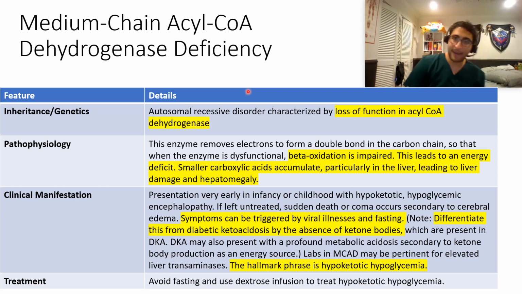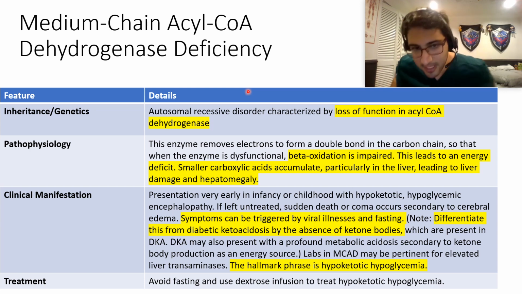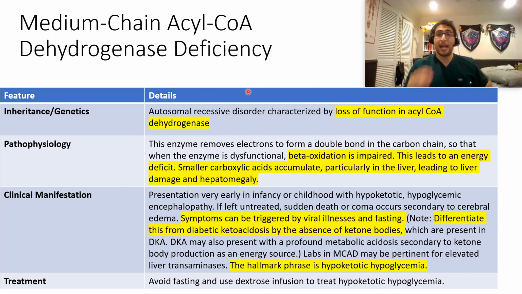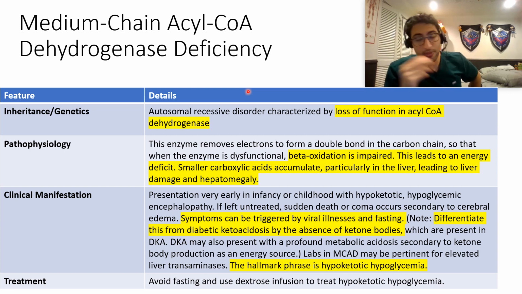The point is your blood sugar goes down, and what does your body do? It enters beta oxidation to provide energy. What's the problem with that? Ketones cause acidosis. Here the symptoms were triggered by viral illnesses and fasting.